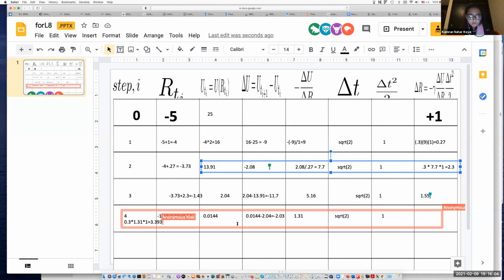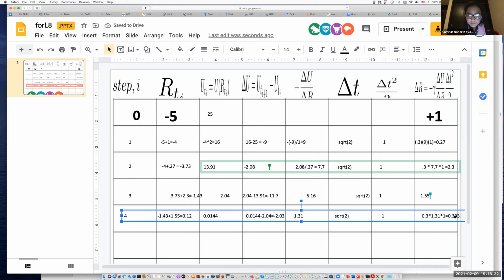No, 0.39. I made a mistake. 1.31 into 0.3. Yes, 0.39. I need to turn it there. Now it's good. Who is next?